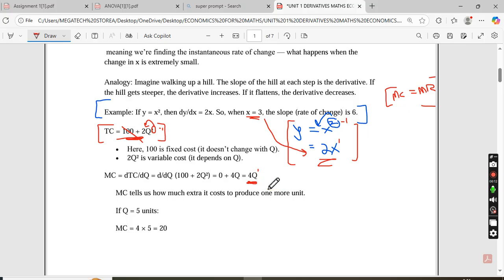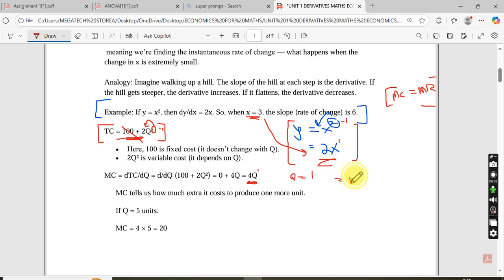As we said, it's the additional cost whenever you produce an extra unit. So if q equals 1, because an extra unit is 1 unit, 4 times 1, you get 4.